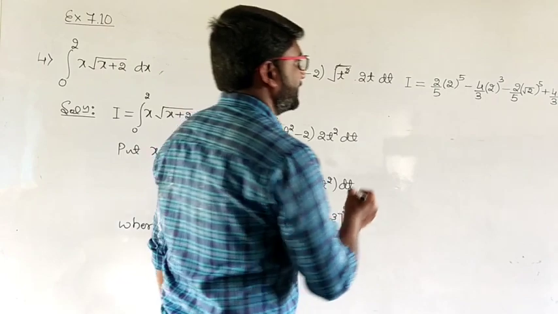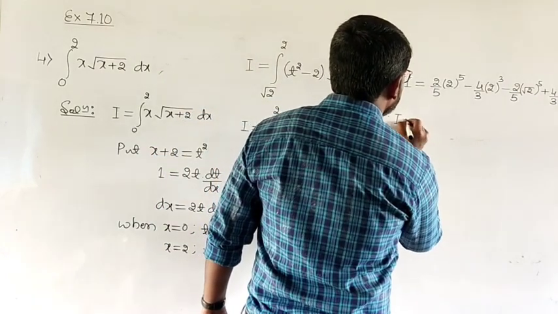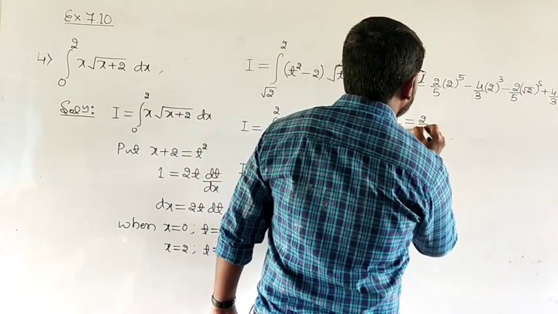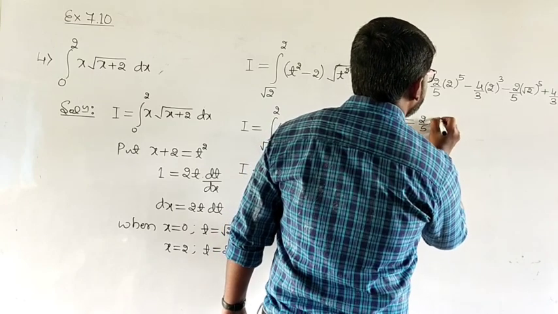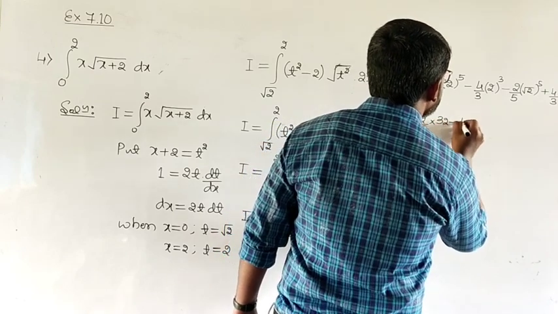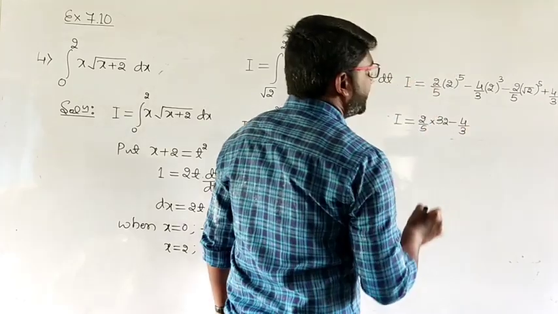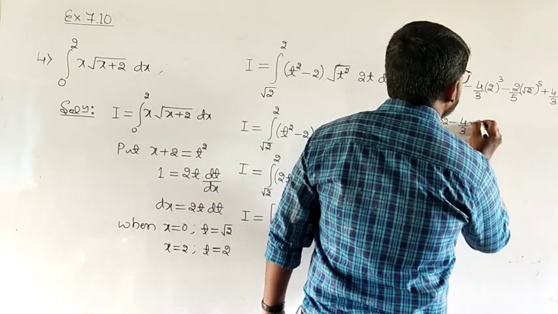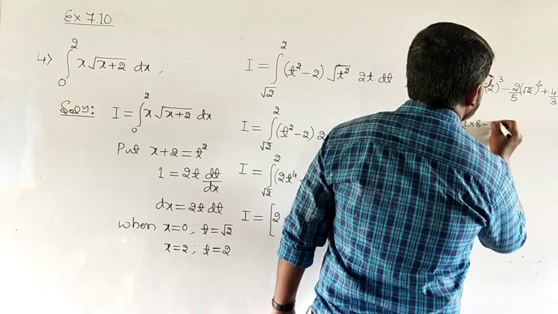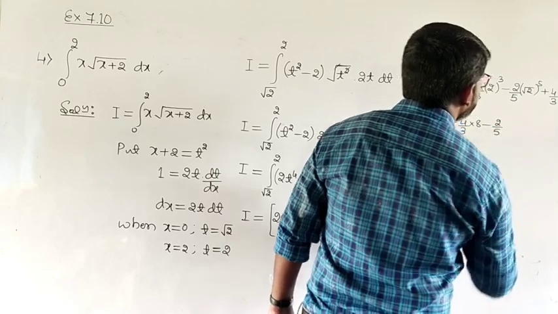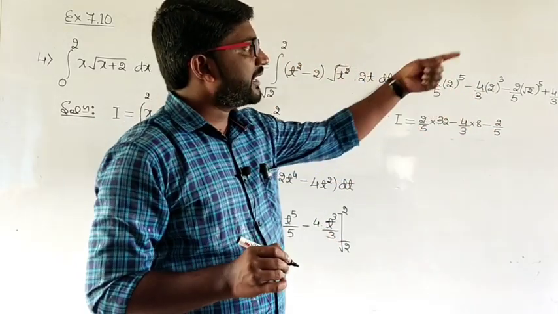Let us simplify this now. I equals 2 by 5 into 2 raised to 5, which is 32, then minus 4 by 3 into 2 raised to 3, which is 8, then minus 2 by 5, which I write as it is, into root 2 to the power 5.